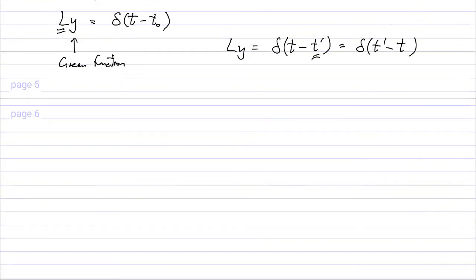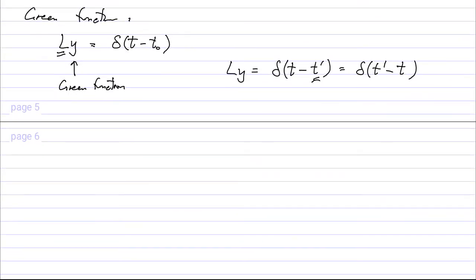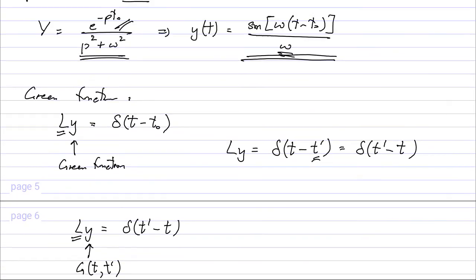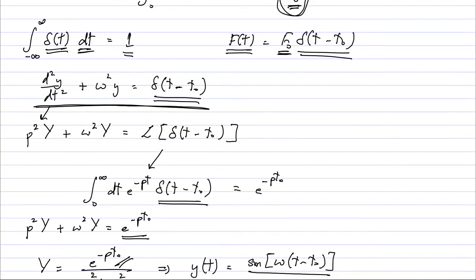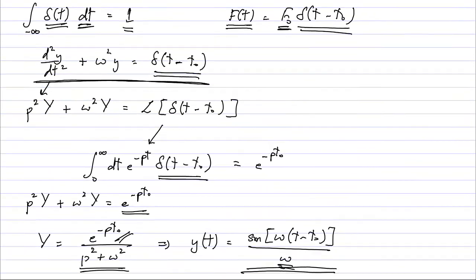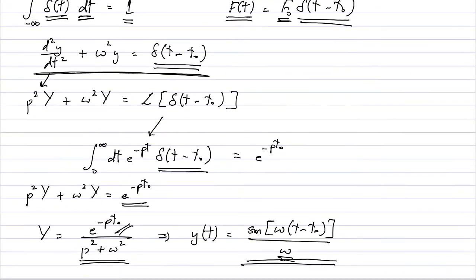Anyway, the Green function: if you have this equation, where L is a linear differential operator, then the y which obeys this equation is called the Green function. It's a function of t and t prime, of course. And just to make it more concrete, here we have already found out the Green function for your harmonic oscillator problem.